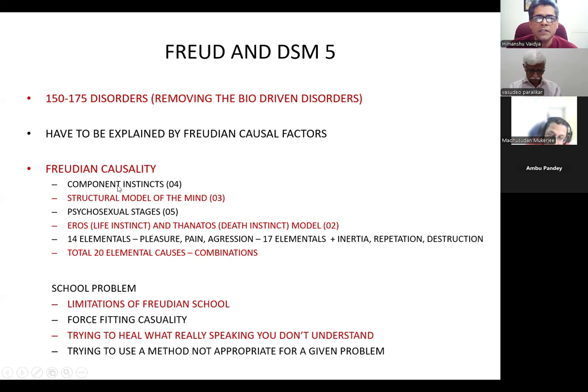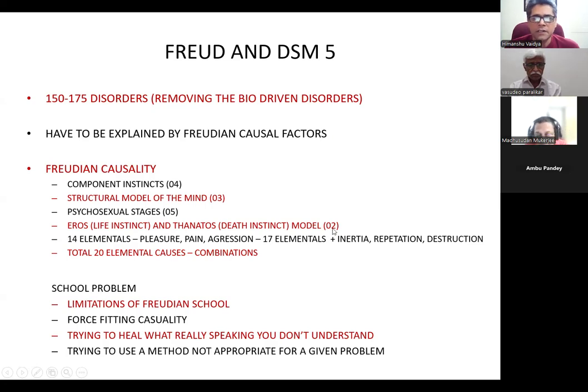So in component instincts, you have 4 component instincts. In structural model of the mind, you have 3 structural agencies. In psychosexual stages, you have 5 stages. And in those stages, something can go wrong. Freud's later model is of life instinct and death instinct, eros and thanatos. So we have 2 elements here, eros and thanatos.